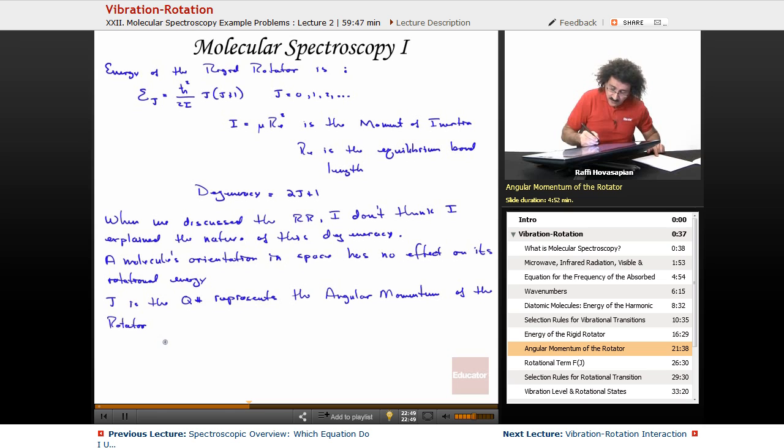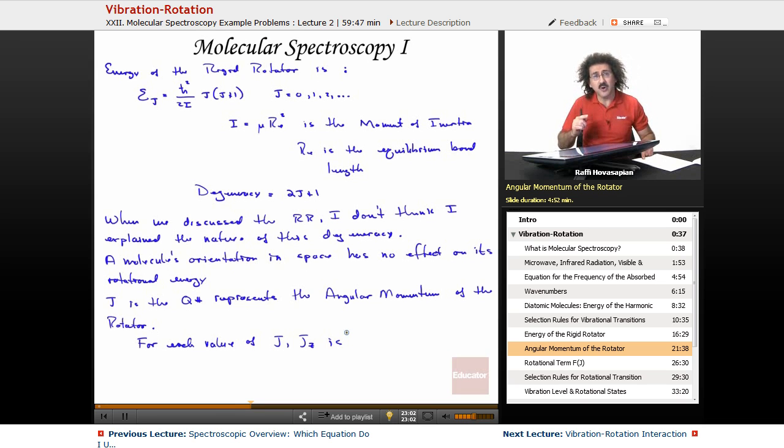Now, for each value of J, there is a J sub z. It's the component of the angular momentum vector along the z-axis. J sub z is, we've already seen this before for angular momentum, for rotational angular momentum. We've seen this for spin angular momentum already.